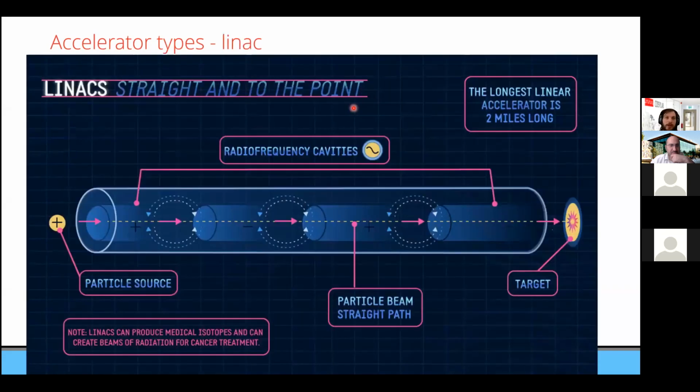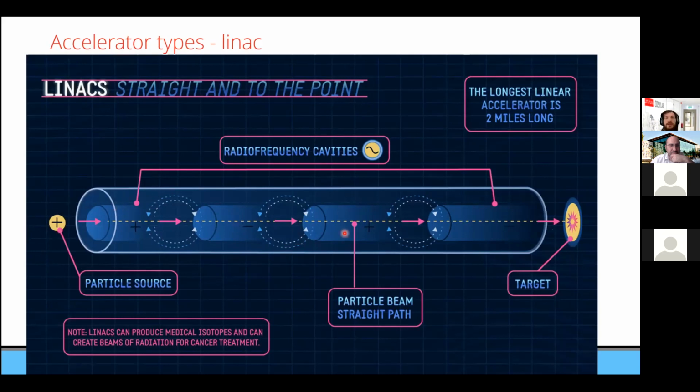The next ones are linacs. These are straight accelerators; they accelerate the particles in a line. Here we need a lot of cavities and not that many magnets.